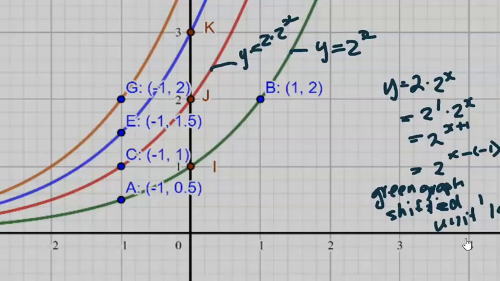And we can see it here, from there to there is 1 unit, from there to there is 1 unit. As we had it before, we also notice that if we look at y equal to 2 times 2 to the x, where my b is now 2, then I take the value here, which is 1, and I stretch it 2 units to get to the next value.